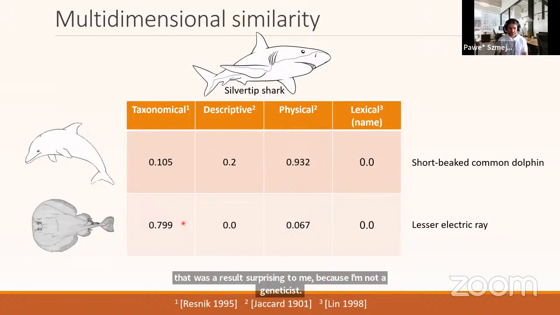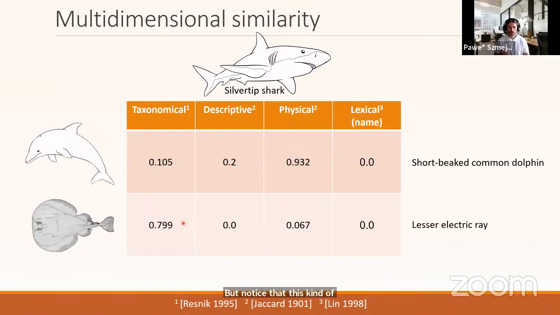But notice that this kind of result would be much more useful to a geneticist, who might look at the physical similarity and notice it, and it might drive them to actually investigate further and to dig deeper because they want to discover knowledge.